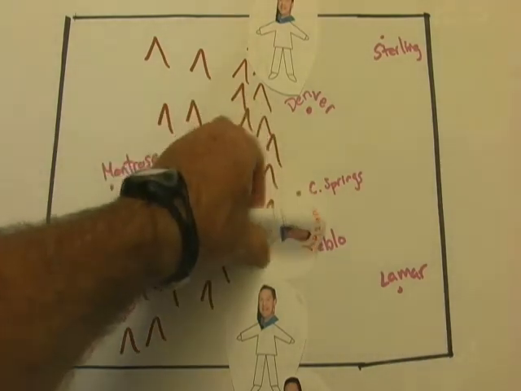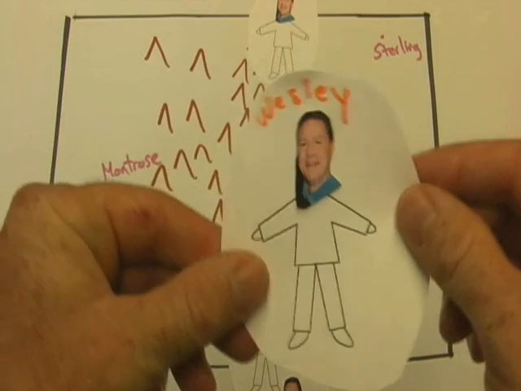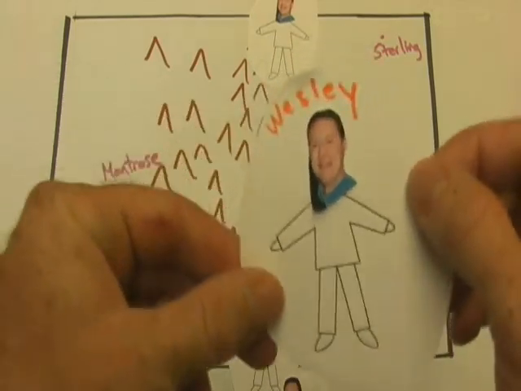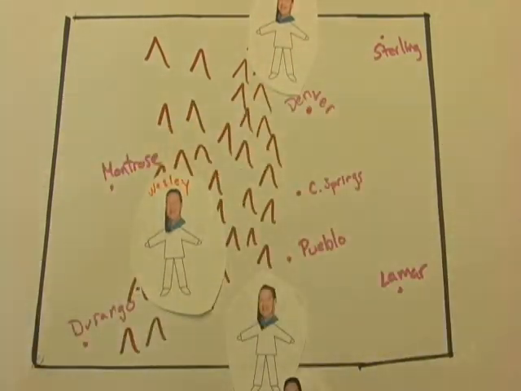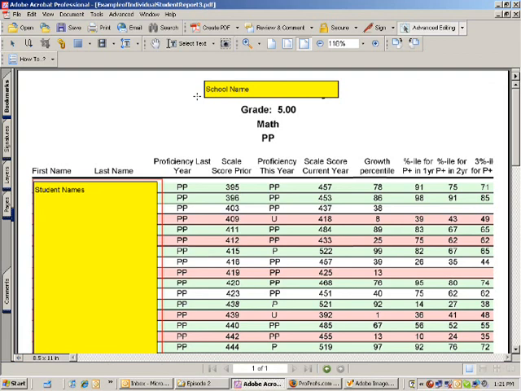Now let's move from Wesley's story on to talking about the report. This report is organized in the following way: by school, grade, subject, and last year's proficiency level for the student.